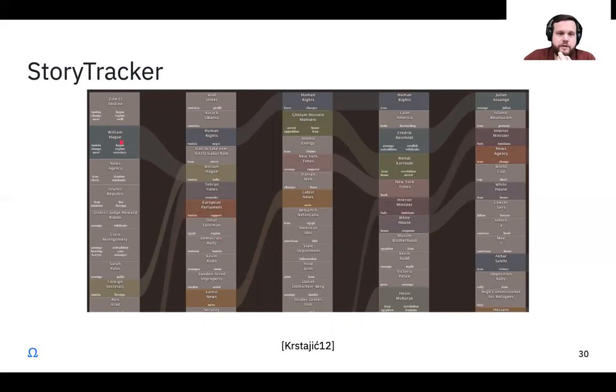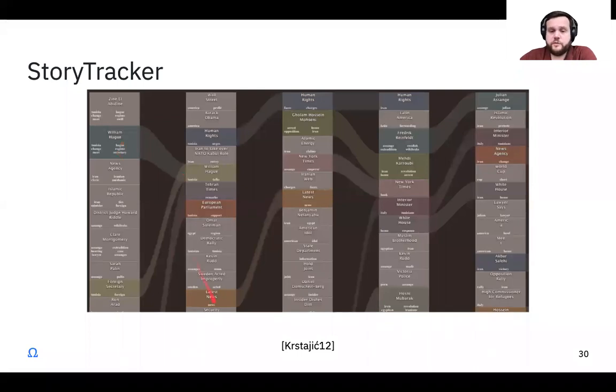So we see William Hague being talked about here, and not so much here. You also see some key topics or keywords extracted from these stories to give you a bit more context. Okay, so we're talking about William Hague, but why? You need a bit more detail on that.